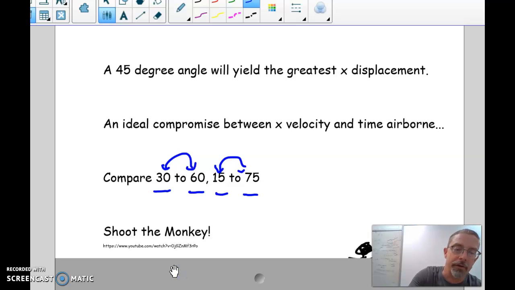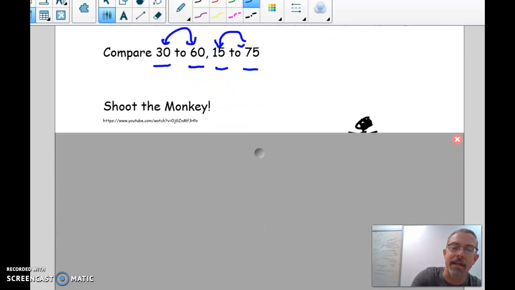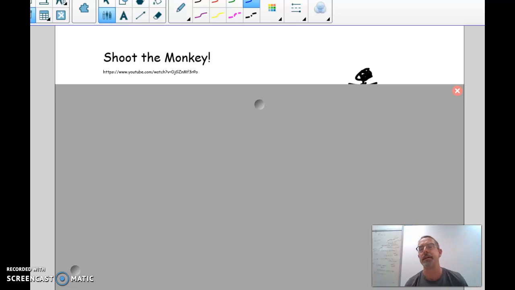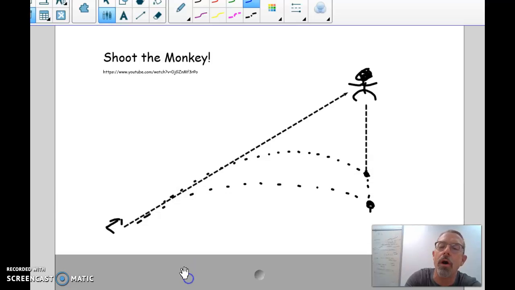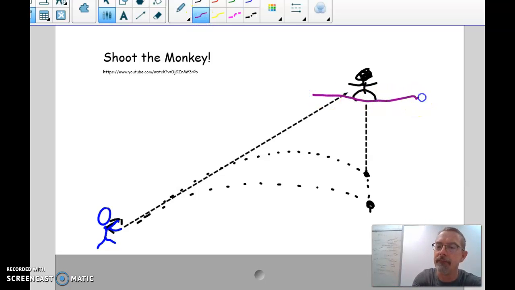Now, there are a couple of curious things that happen as a result of this idea of projectiles launched at an angle. Let's say you are a hunter down here, and in a post-PETA world, you decide to hunt monkeys for a living, and you've got a monkey hanging from a tree branch right here.